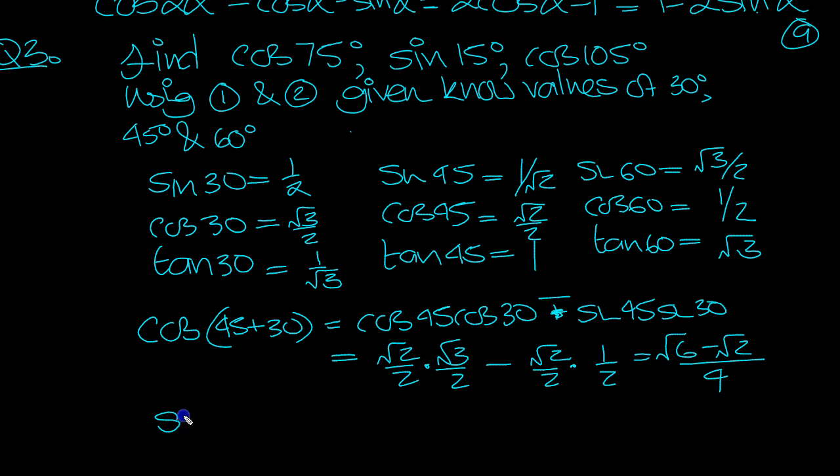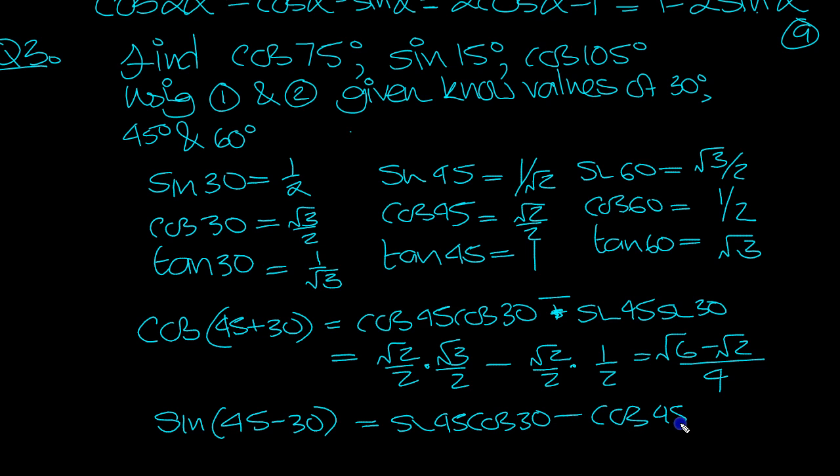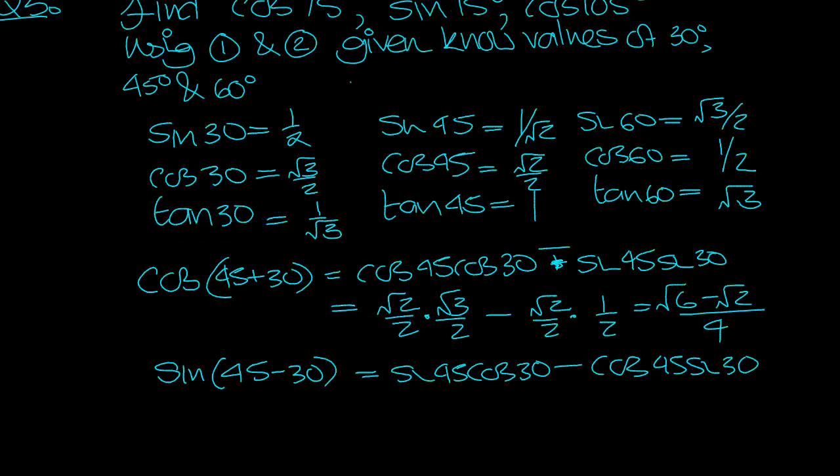Sine 15. Now that would be 45 minus 30, wouldn't it? Which is sine A cosine B minus cos A sine B. If you check the formula, that's the formula. Put the values in.